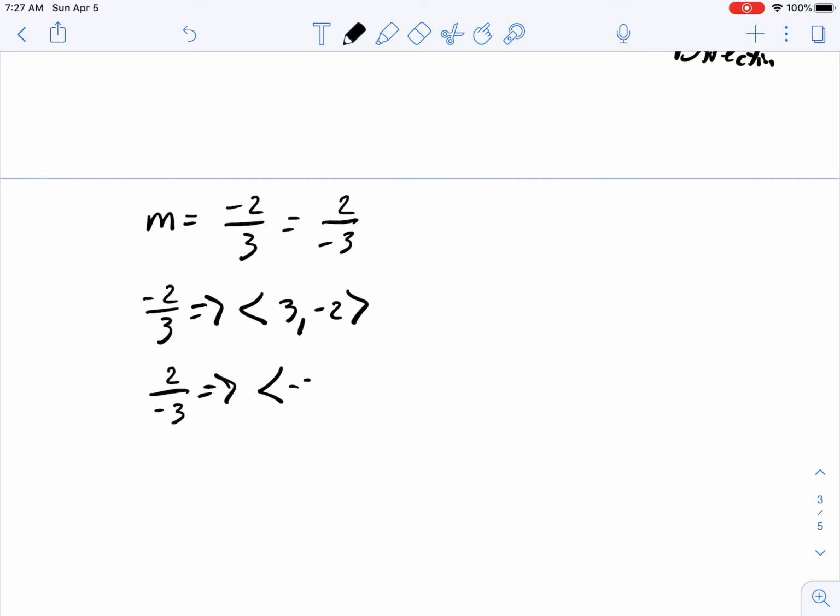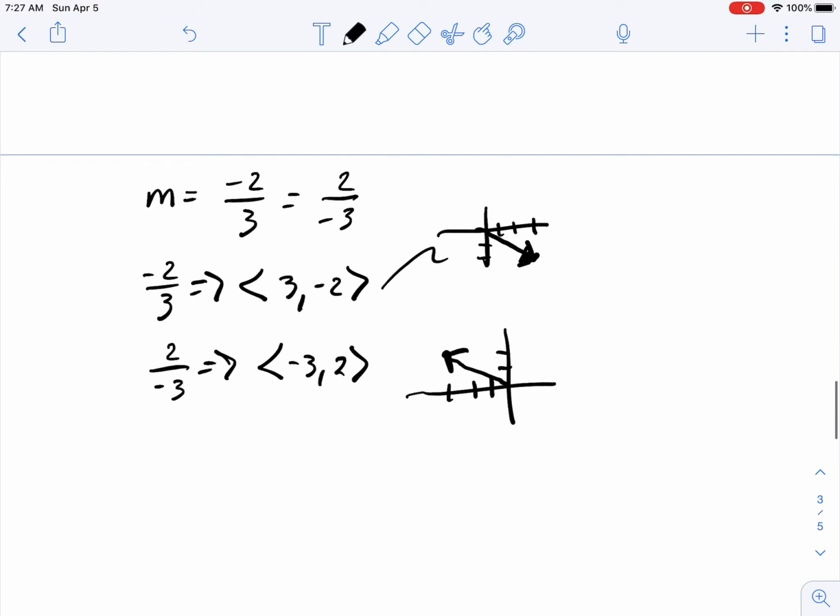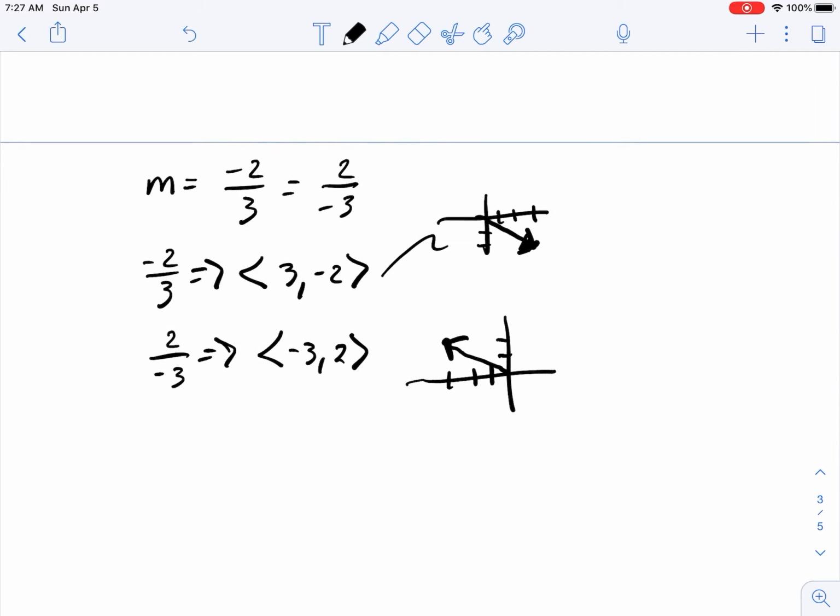Is that the same thing as negative 3, 2? If you graph this one out, 1, 2, 3, down 2, your slope is going this direction. If I graph this one out, 1, 2, 3, up 2, you're going in this direction. So it does matter. But for all intents and purposes in Algebra 1, they're treated like that.